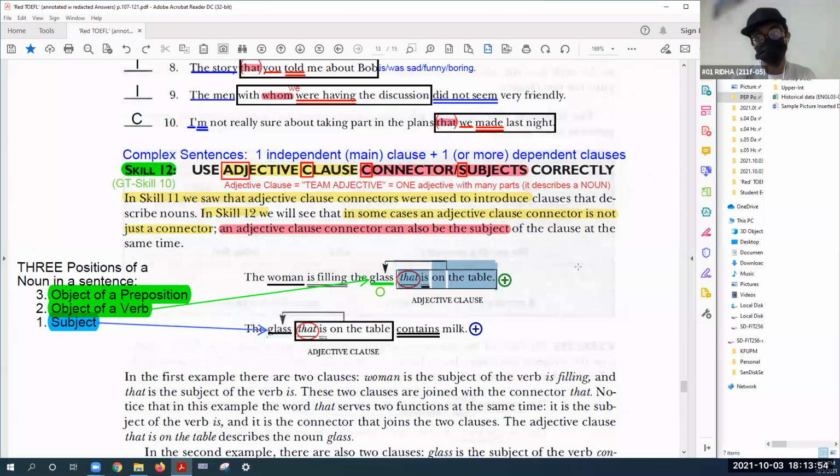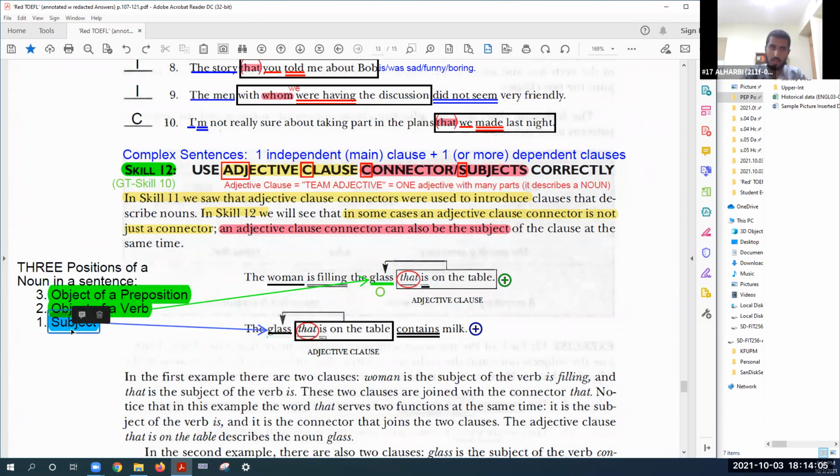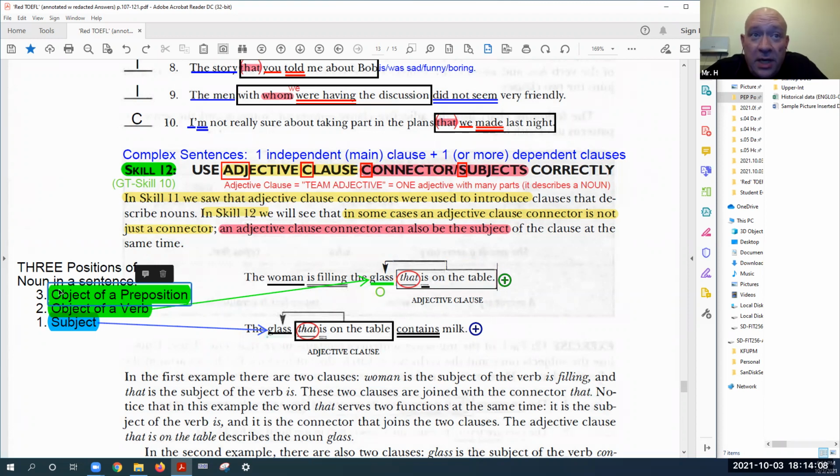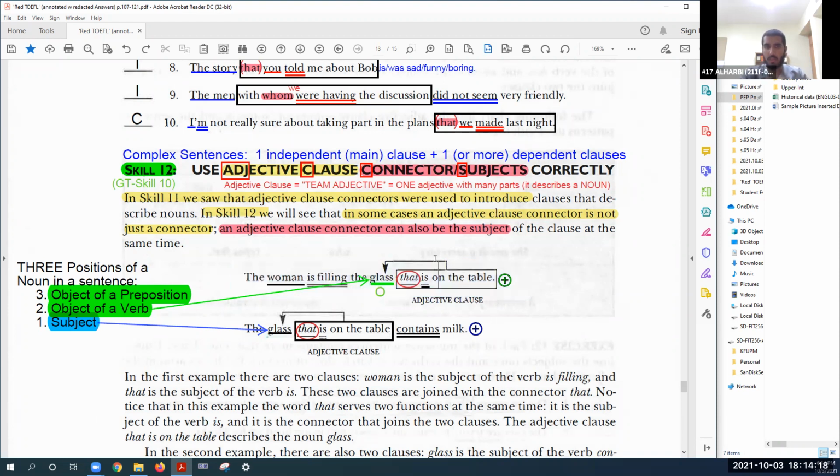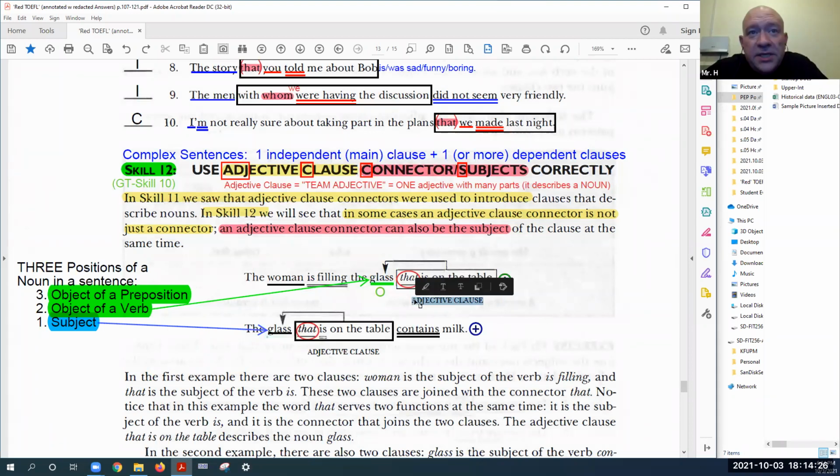Okay. Now, look to the left here. On the left, we've got 3 positions, right? 3, 2, 1. Why did I use this order, 3, 2, 1? Well, look at the example. What's the first example? You see the clause? This adjective clause, what does it describe?